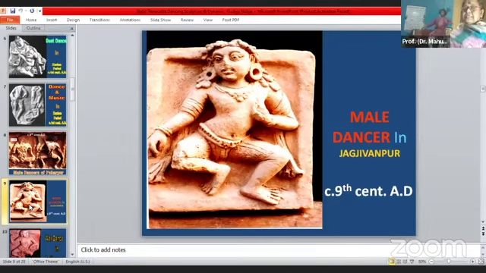Yes, with curly hair, big earring, and Ardha Kantivesha, and Kati Vandha, and Griva Angada in necklace, and also Orna or Uttariya hanging on both sides. And the dancer is full of very elegant posture, grace, and as well as Shringar, full of Shringar. Next slide, please.